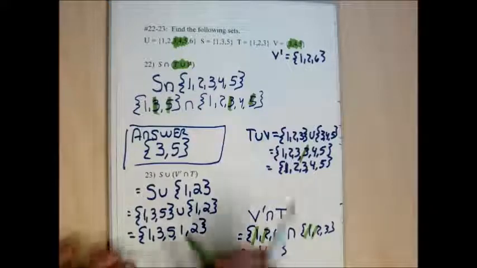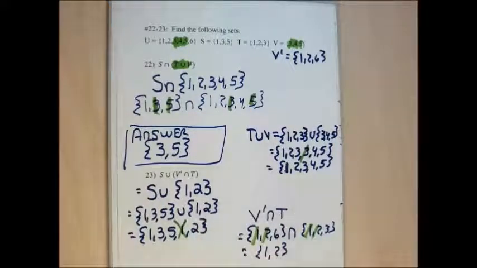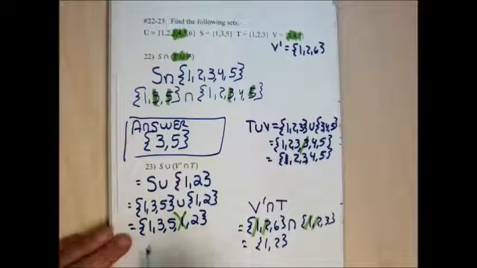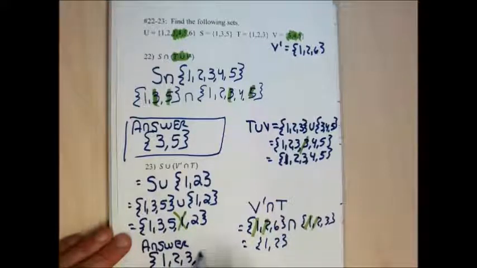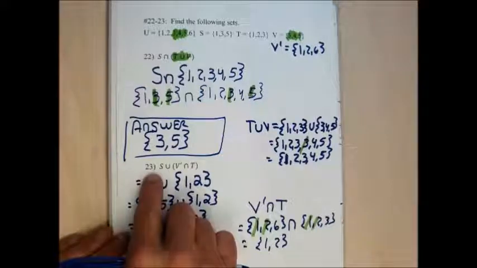If any element's duplicated, I only need to write it once. The answer for my problem 23 is going to have the numbers 1, 3, 5, and 2. I like writing my numbers in ascending order. So my answer, I would write 1, 2, 3, and 5 for the set that represents S union the quantity V complement intersection T.